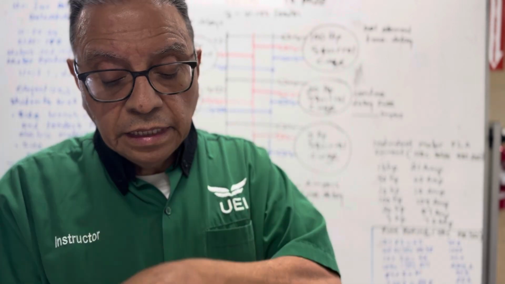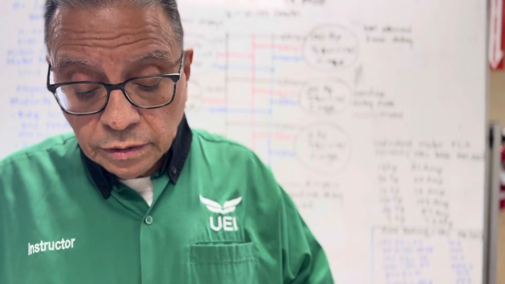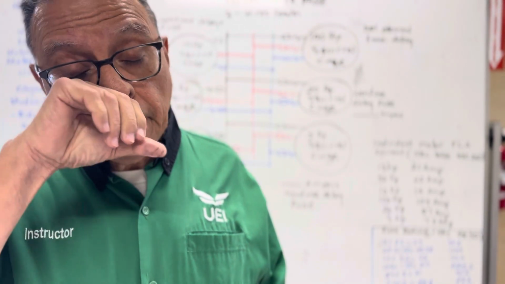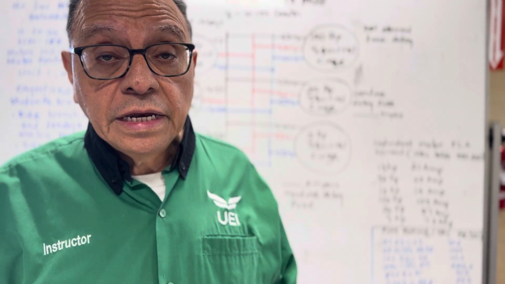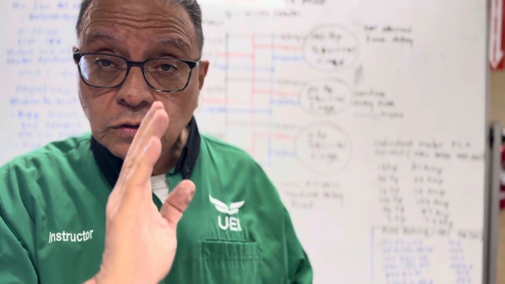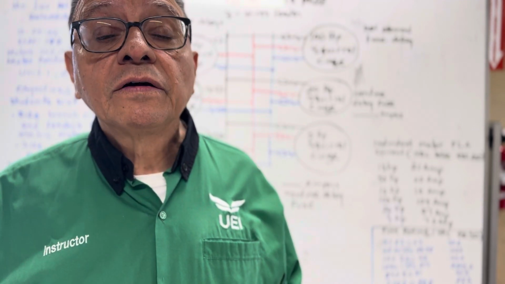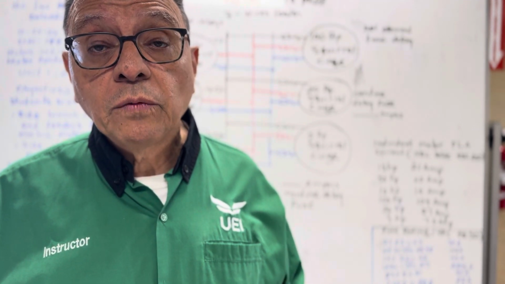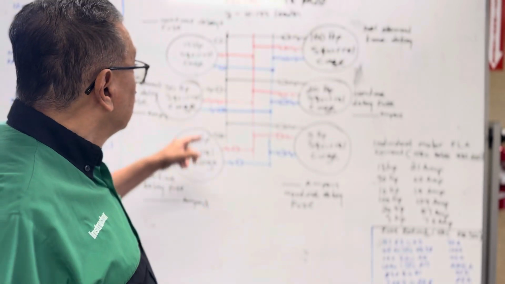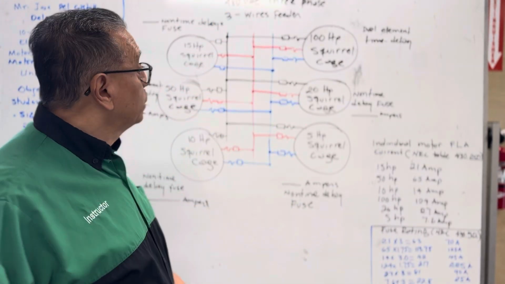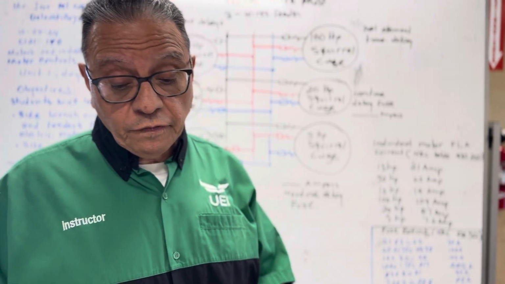This table is used to determine the full load ampacity, and it's based on the horsepower in the first column, and then depending on the voltage that we are going to use to feed the electrical motor. In our case, we are going to be using 480, three-phase, of course.